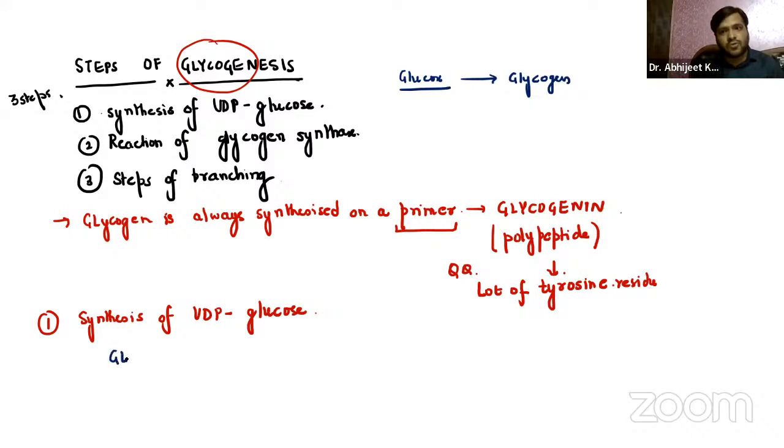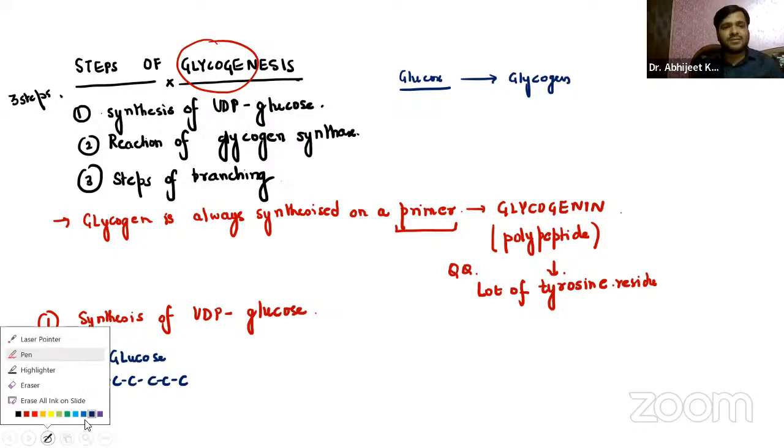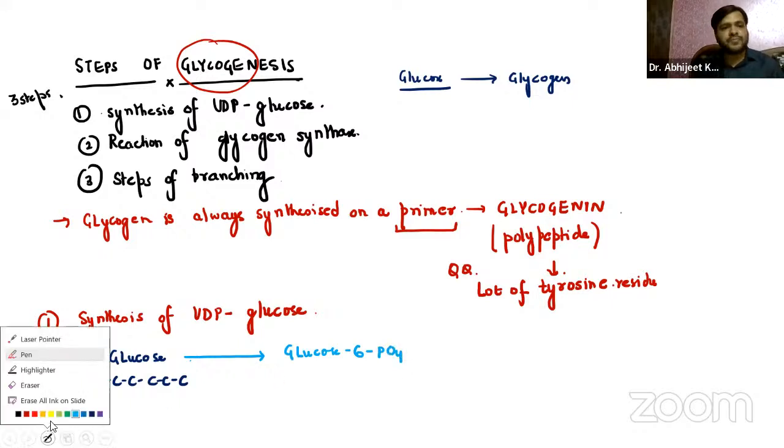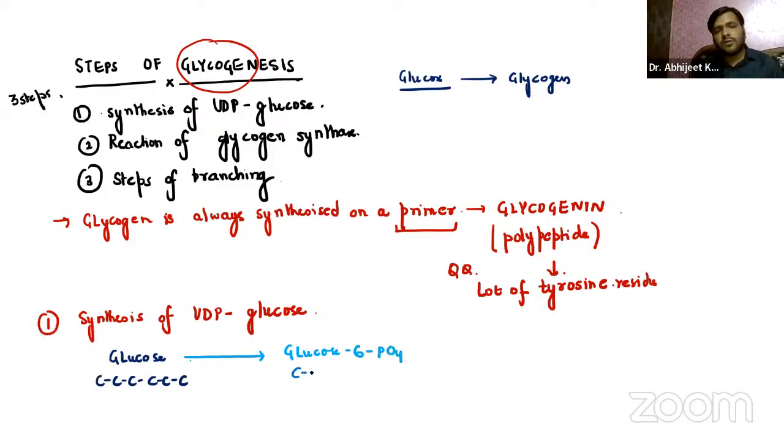You already know glucose is a 6-carbon compound, right? Now to this glucose, what happens? The very first step remains the same. This glucose will change into glucose 6-phosphate. It means that the 6th carbon will have a phosphate group.